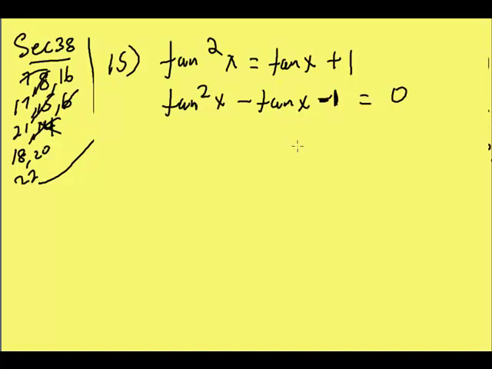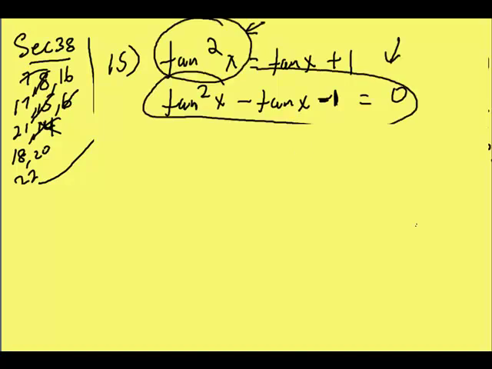So, what should I do? Give up? Maybe I could use the quadratic formula and just take the chicken way out. What's my A here? What's my B? What's my C? I'm solving for tan of x.